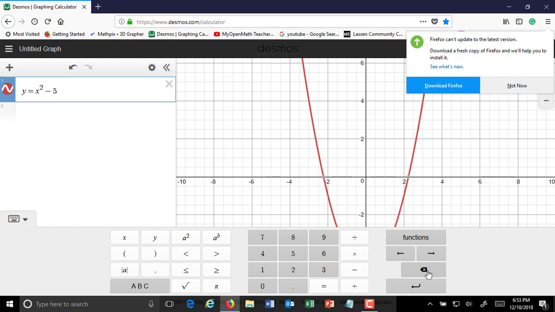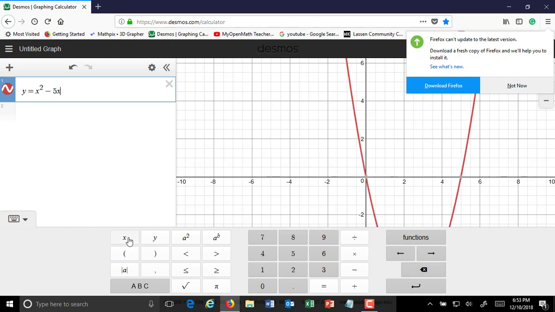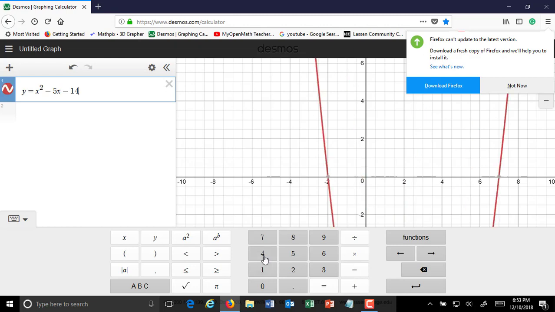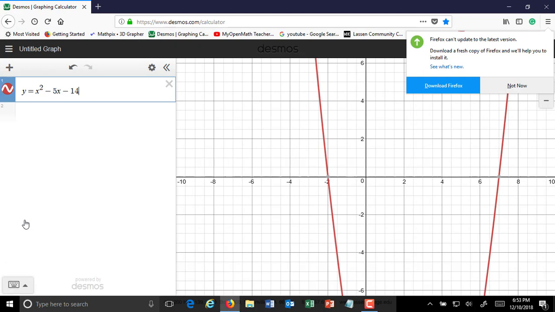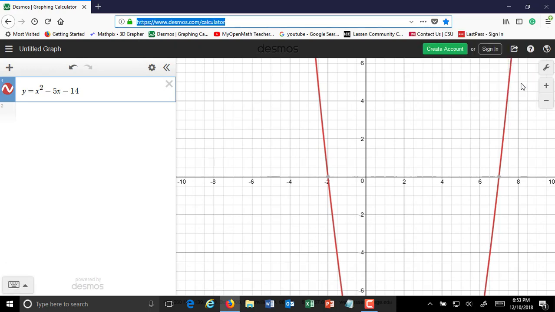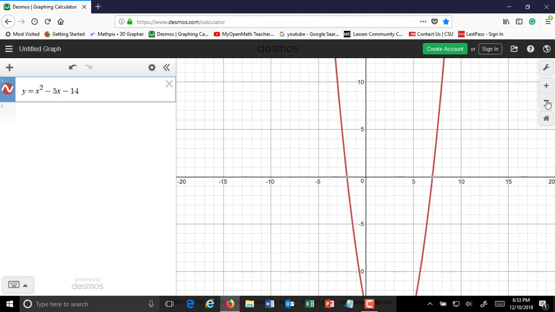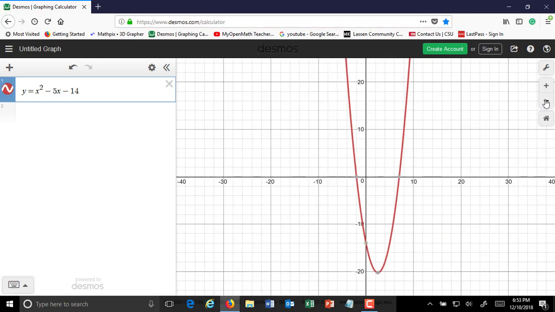Let's see how it looks. Then, what is zoom out? Oh, you can see I got 7.